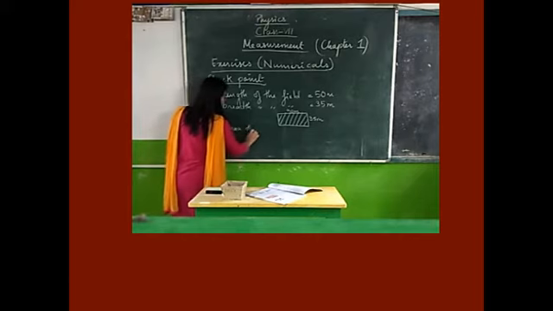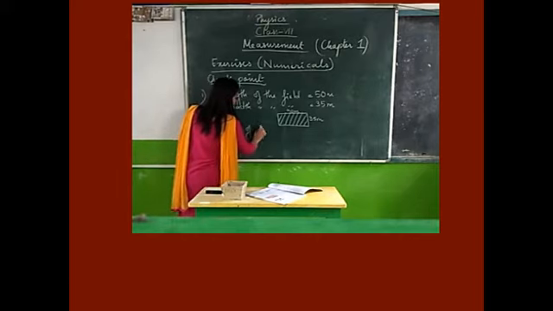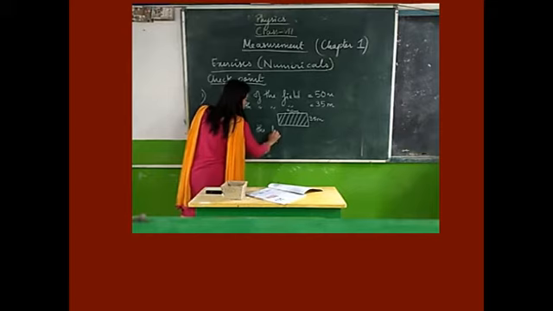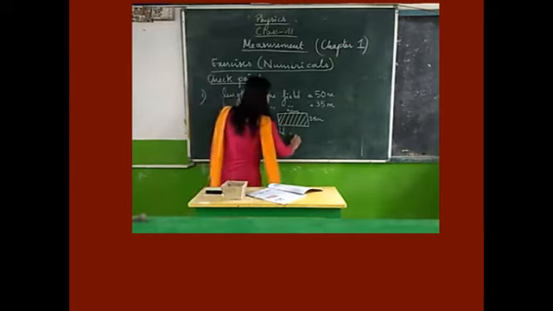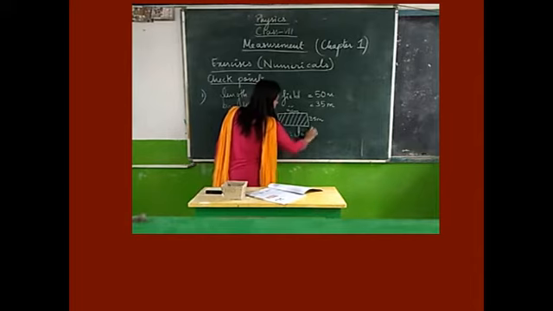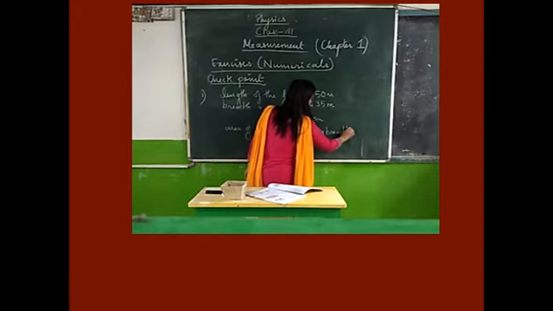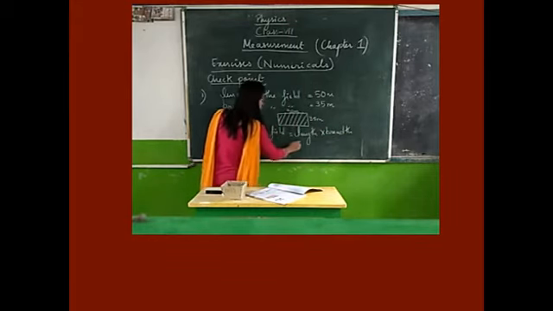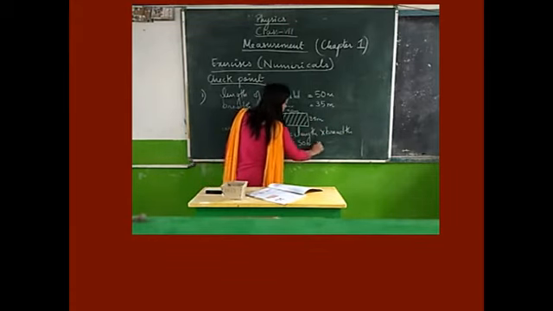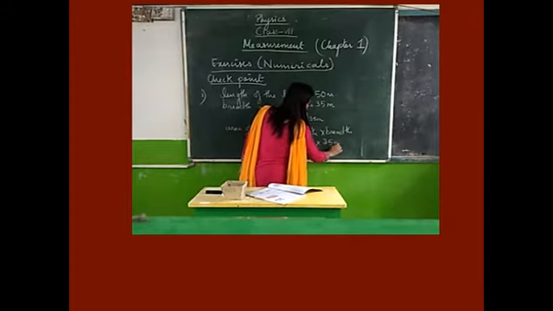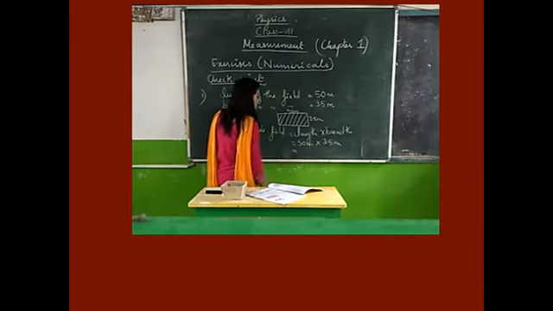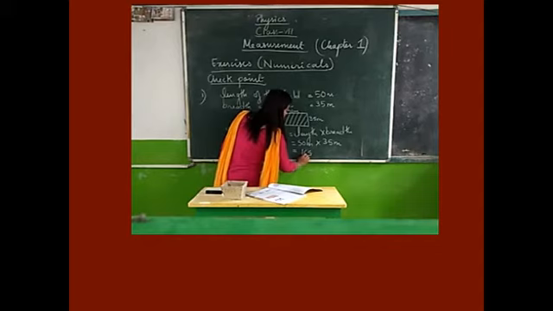What's the formula for area of a rectangle? The area of the rectangle is length into breadth. Okay, you simply have to multiply 50 meter into 35 meter.